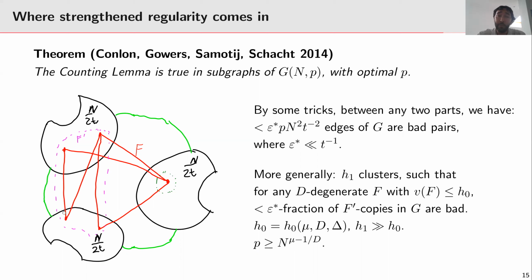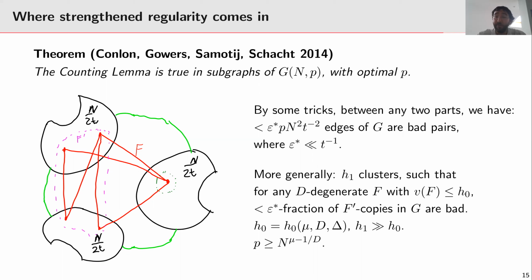And I will say an embedding of F prime over here, for example, is bad if the common neighborhood of these three vertices over here is small, so much smaller than you would expect in the random graph. The same argument generalizes fairly easily to say only a very tiny fraction of the F prime copies over here will turn out to be bad.